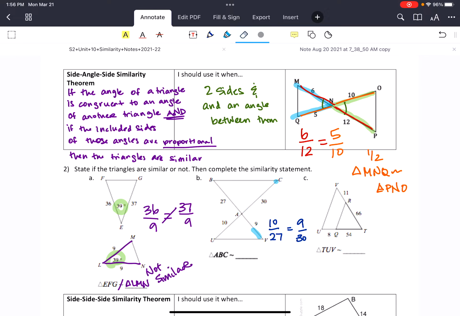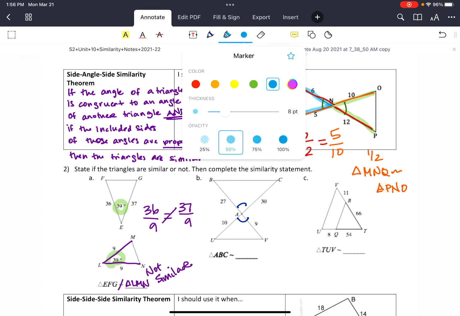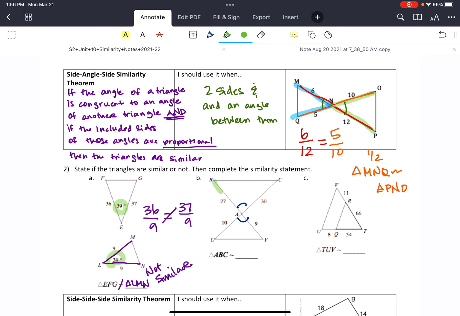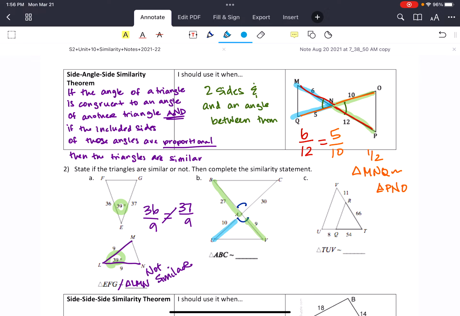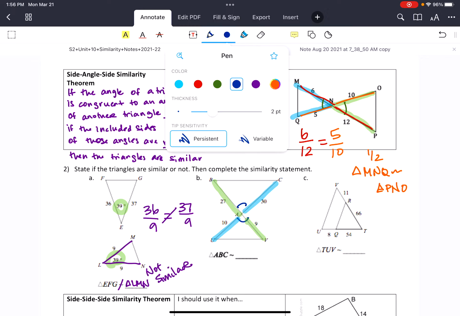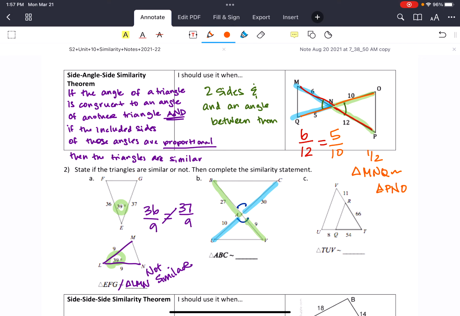Well, let's try it the other way then, just to make sure we don't have similarity. So I have this one and I have this one. Angle A is still similar to angle A, but this time let's match the 27 and the 9, and then on this side we'll match the 10 and the 30. So I now have a proportion. You can put the big number or the little number on top, it doesn't matter.